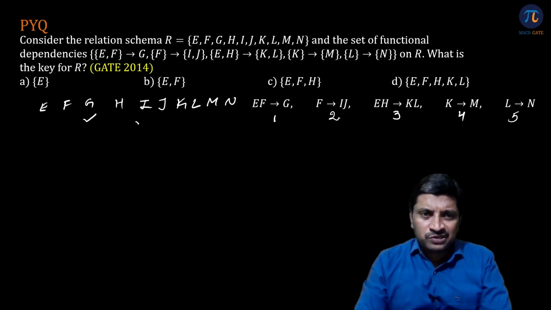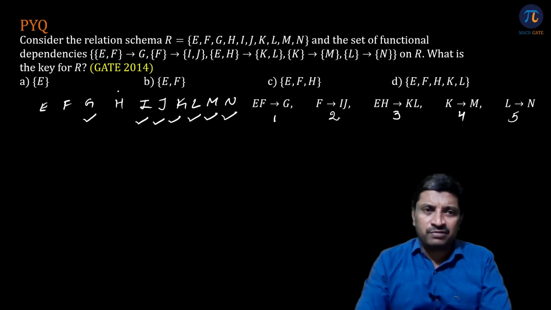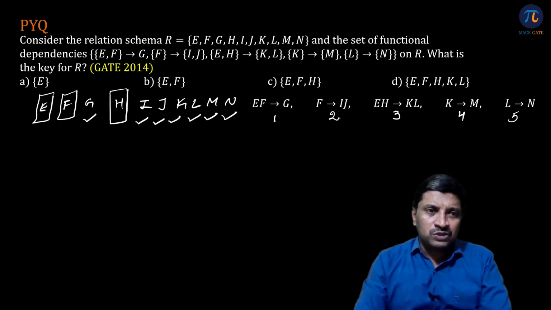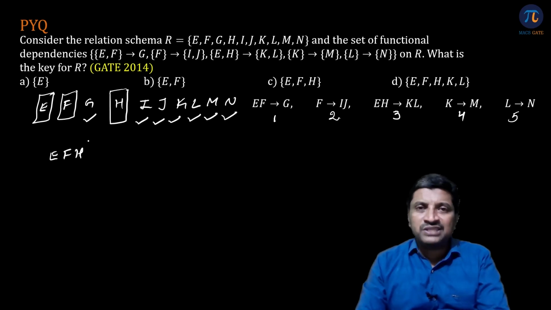Then I is present on right side of 2, J is present on right side of 2, K is present on right side of 3, L is present on right side of 3, M is present on right side of 4, N is present on right side of 5. So these three attributes are not present on the right side of any functional dependency. So our candidate key must include these three attributes. We may need some more extra attributes, but these three are mandatory.